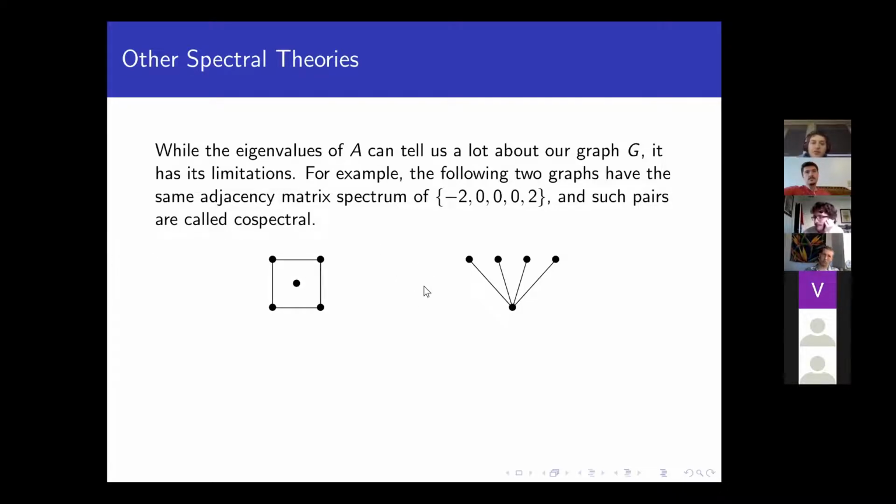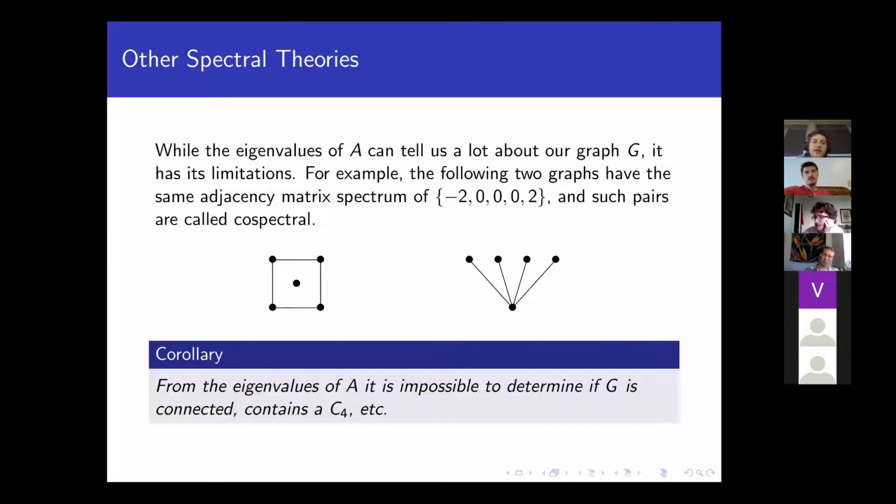The problem with these two things is that this immediately implies the following result: it's impossible to determine from the eigenvalues of A whether or not the graph G is connected. The reason is the enemy could give you this multiset of eigenvalues here, and you wouldn't know whether they're talking about this picture here or this picture here.